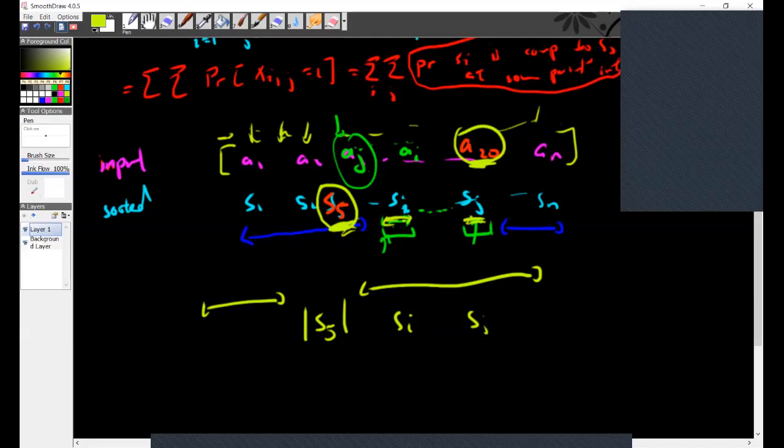So the moment the algorithm picks something on the outside, if you ask me, given that this element far off on the side was picked as a pivot, do you know whether SI was compared to SJ? The answer is I don't know, because further down the recursion, SI could be picked as a pivot, SJ could be picked as a pivot. We really don't know. So the answer is that it's inconclusive.